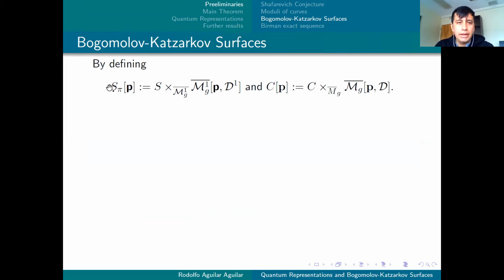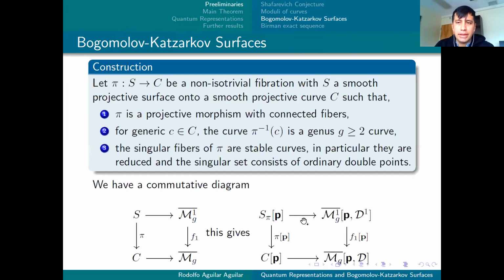So we will define this surface as we saw it. It has a map over the M_{g,1} bar, and this root stack will also have a map to M_{g,1} bar. And I do the same fiber product construction with the curve, and I will obtain a diagram like this.